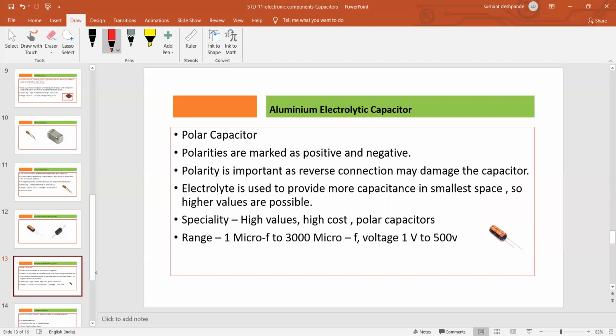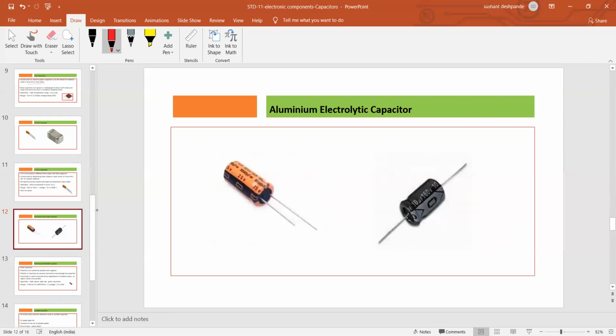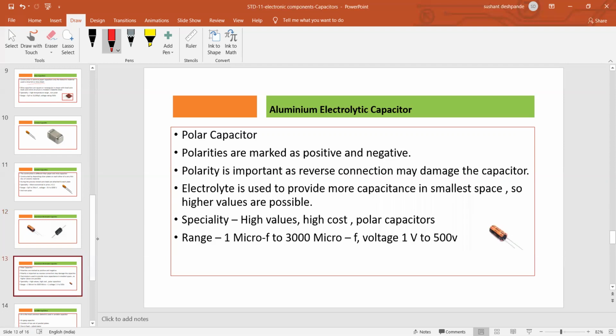Now, this aluminum electrolytic capacitor is not a non-polar capacitor. It is a polar capacitor. Polarities are marked as positive and negative. Polarity is important. Why? Because if the reverse connection is made, it may damage the capacitor.